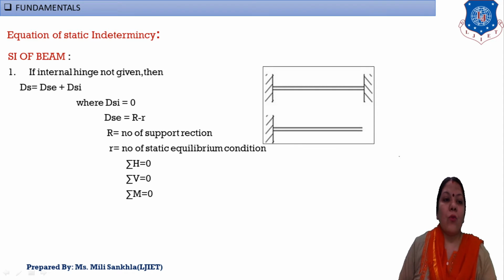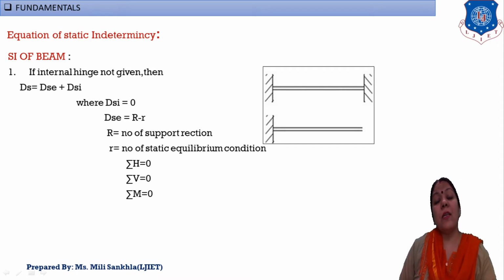Now there are two types of beam: if internal hinge is not given, and if internal hinge is given. In that condition our equation of static indeterminacy will change. If internal hinge is not given, that means this type of simple beam, that is our fixed beam and our cantilever beam.